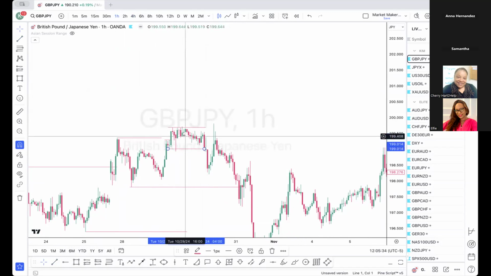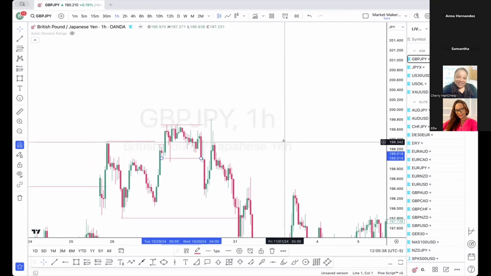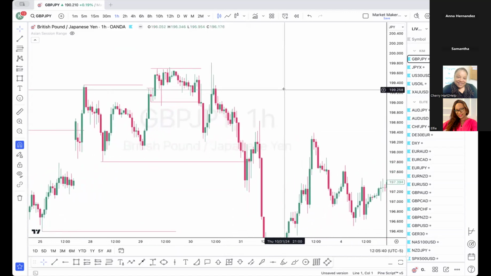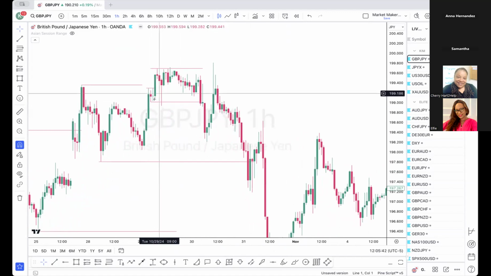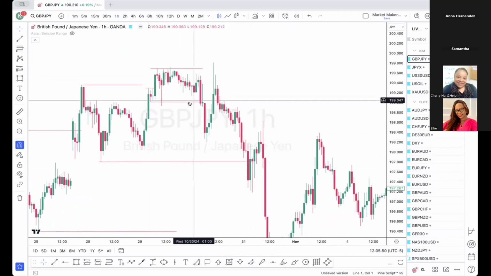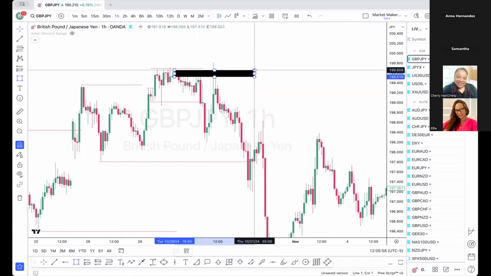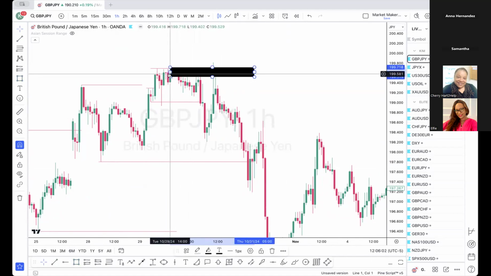Can you go back to the 4 hour, please? Give me just a second. So once this internal break, although this is a higher time frame structure right here, once this internal break happened, then I'm looking for my institutional candle. You have to cover this wick right here.